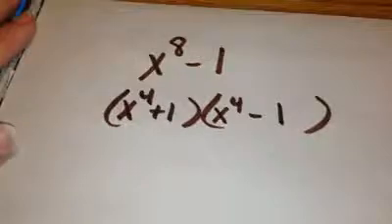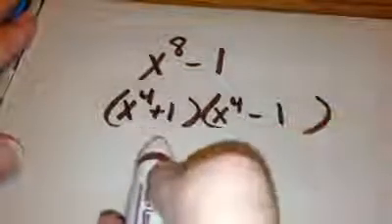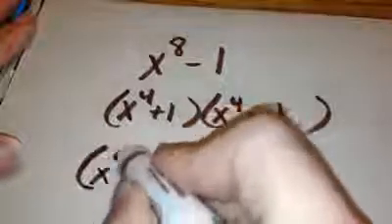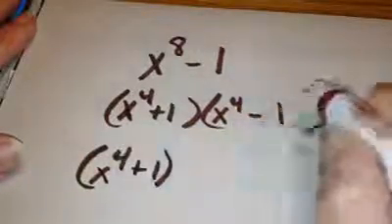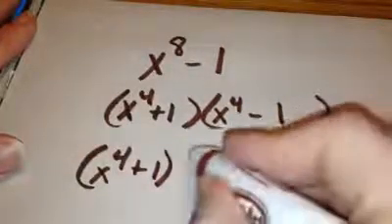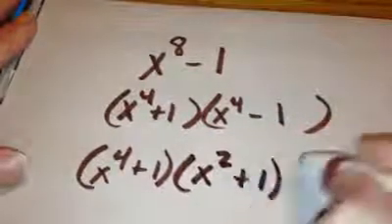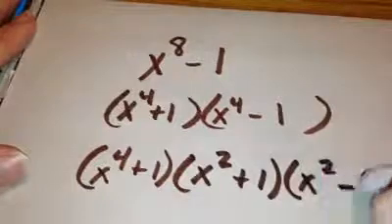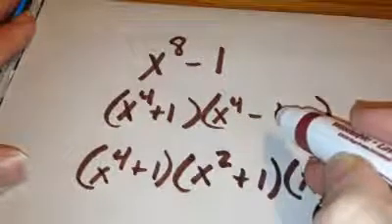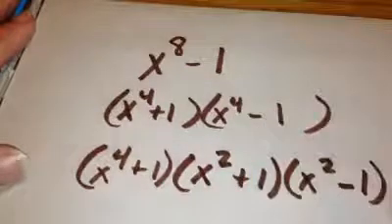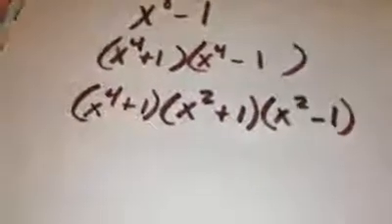The only problem, and the reason I urge caution, is x to the 4th plus 1 is as far down as it can go. However, x to the 4th minus 1 can break into further factors of x squared plus 1, x squared minus 1, because 1 is still a perfect square, x to the 4th is still a perfect square, and there's a minus sign between it.